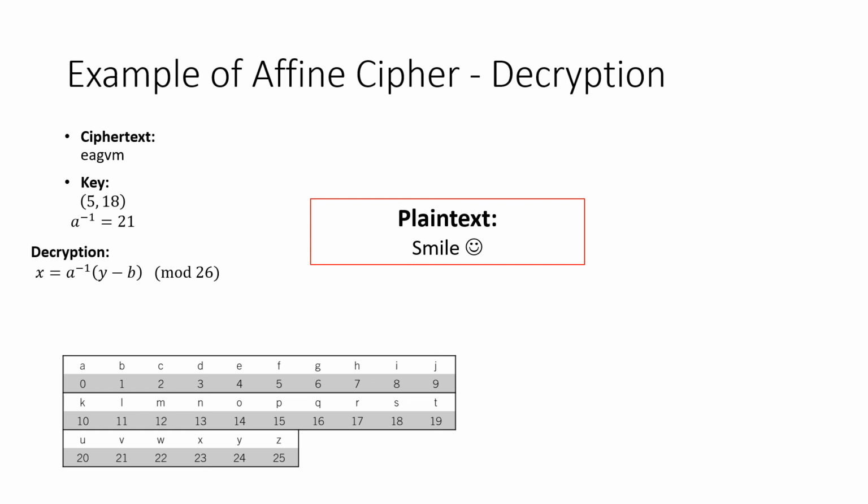And just to give you a recap, we start with the word smile, we use our key and the encryption function, and we get a certain ciphertext. On the way back to the plaintext, we started with the ciphertext and used the decryption function. We had to find the modular inverse of 5 in Z26, and we went through the process as I described. We got our plaintext back once again, the same plaintext that we started with.